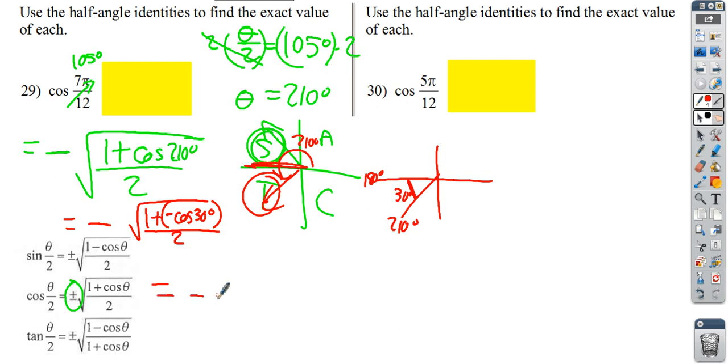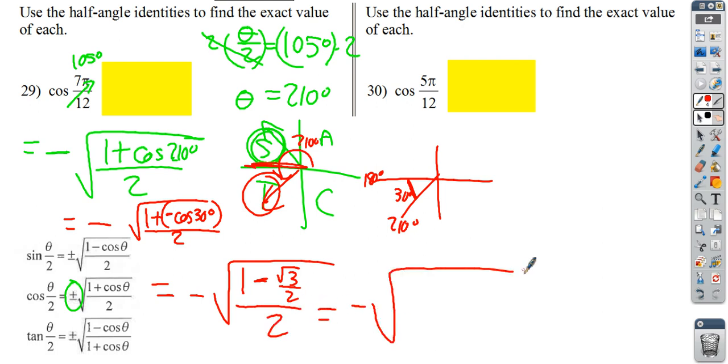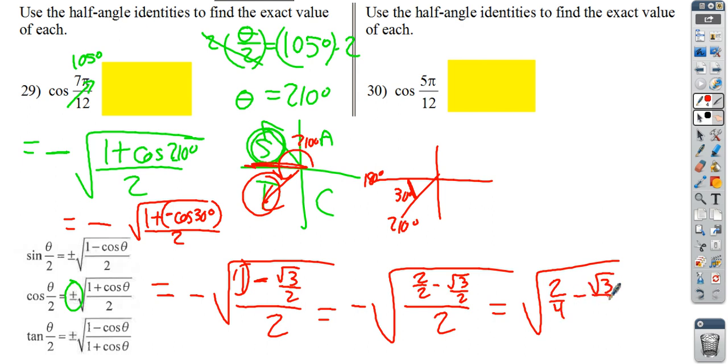So let's simplify that. So negative radical 1, and then cosine of 30 is radical 3 over 2, but the negative of that would be negative radical 3 over 2. That whole thing is over 2. Okay, then we'll split this, so 2 over 2 minus radical 3 over 2. 2 over 2 is the same as this 1 right here. That whole thing divided by 2 is going to be 2 over 4 minus radical 3 over 4, and we can combine that into one fraction, so it's 2 minus radical 3 over 4.